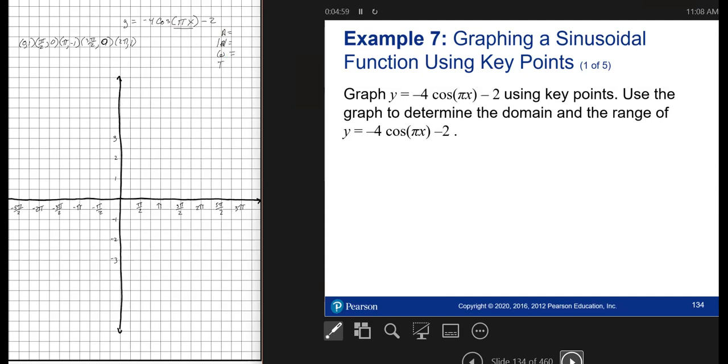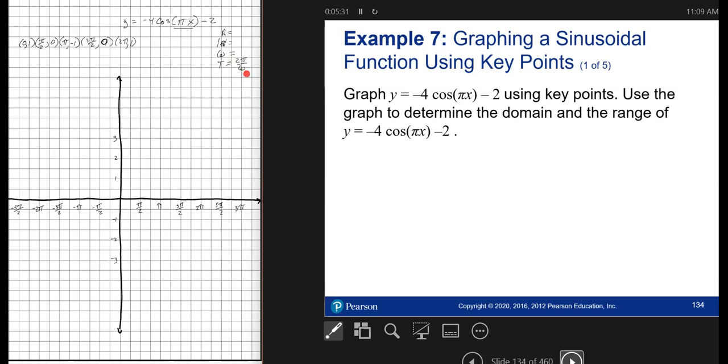And from omega, we can find out what the period is. For cosine and sine, the period will be 2 pi divided by omega. And then from here, we can find the 4 x values for the key points if they change.